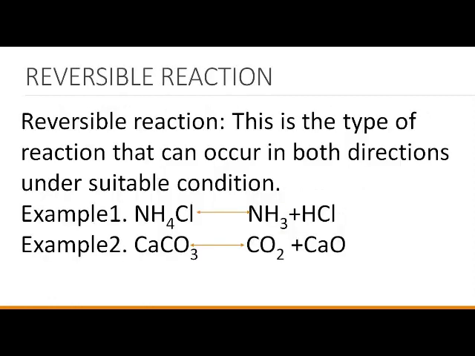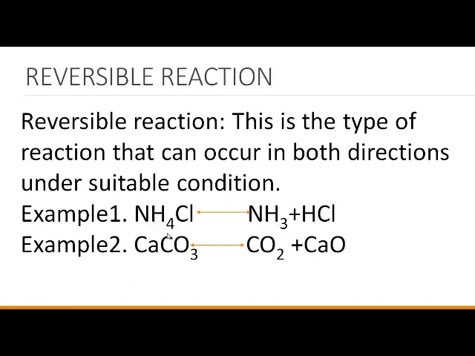Now, what are reversible reactions? Reversible reaction is a type of reaction that occurs in both directions under suitable condition. This is a reaction in which the reactants will go into products, and under suitable condition, the product constituents can also combine together to form the reactants.